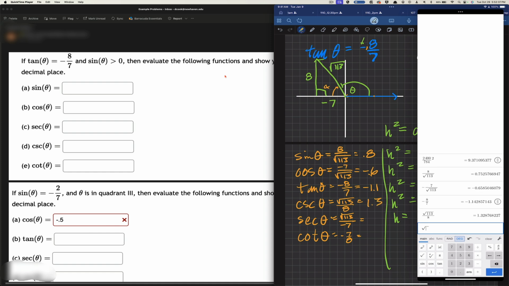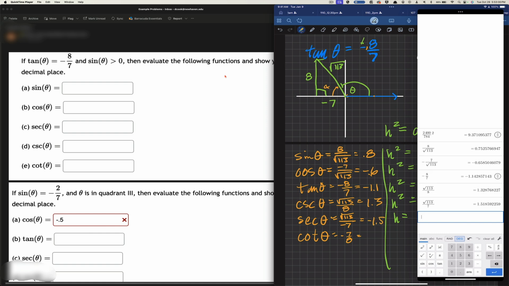And square root 113 divided by 7. Oops, I didn't get outside the radicand. Oh, what am I trying to do? Divide by 7. I know it's negative, but I can just write 1.518 rounds to 1.5, so it's -1.5. And then 7 divided by 8, that's negative, that's going to be -0.9.